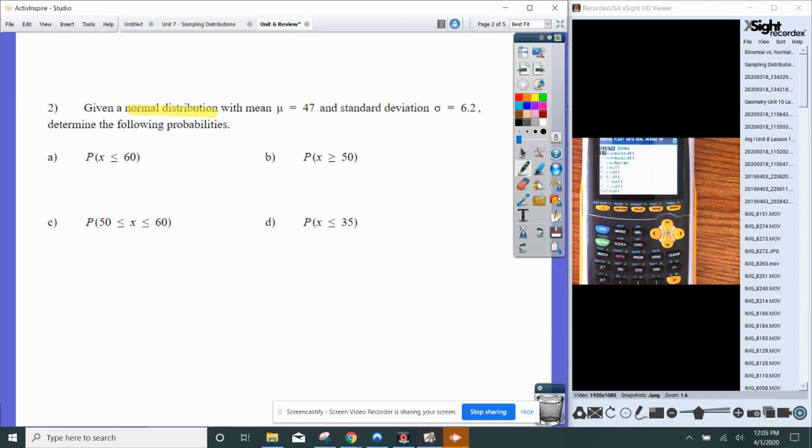For letter A, less than or equal to 60, we're going to keep that -1E99. We're going to change the upper to 60, and then change the mu to 47 and the standard deviation to 6.2, so 0.98.